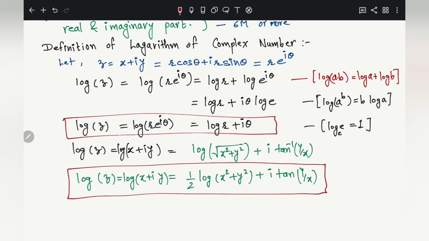Before moving to the examples, I would like to tell you one more thing, that this value is called the principal value of log.